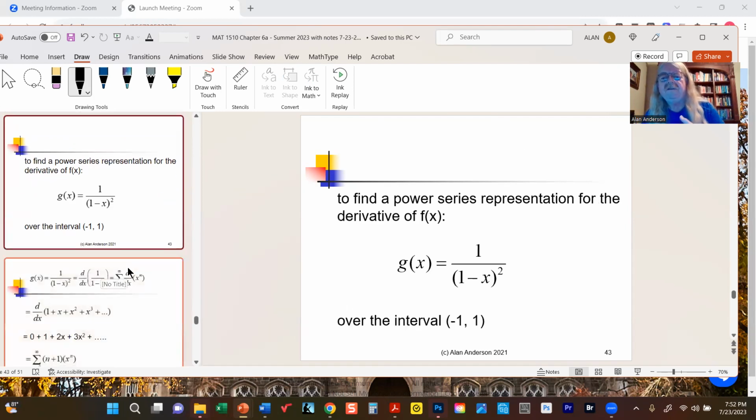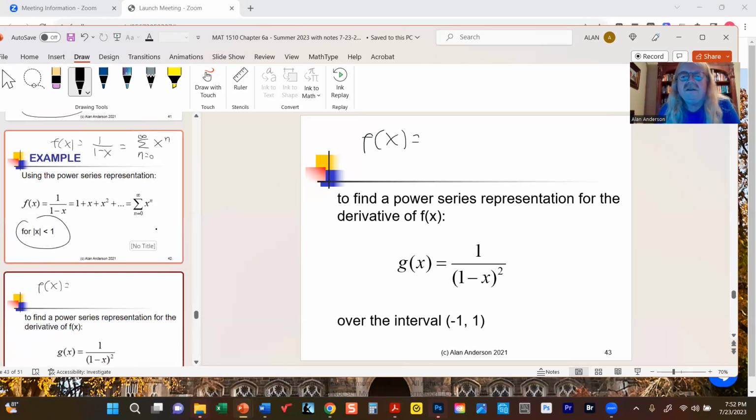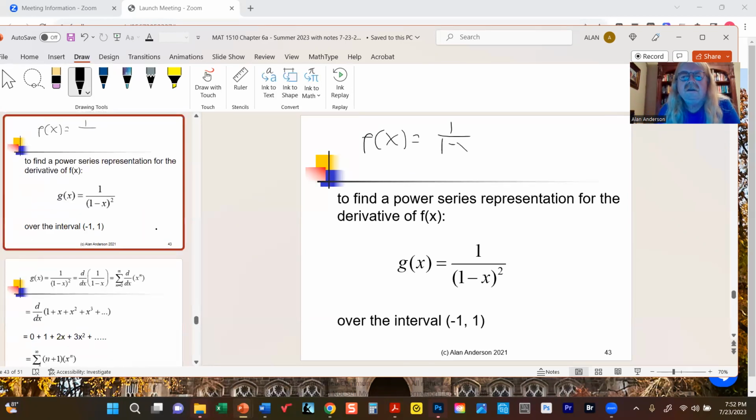So what if we have something like this? Since f of x is 1 over 1 minus x, or 1 minus x to the minus 1, then it stands to reason that f prime of x is minus 1 times 1 minus x to the minus 2.